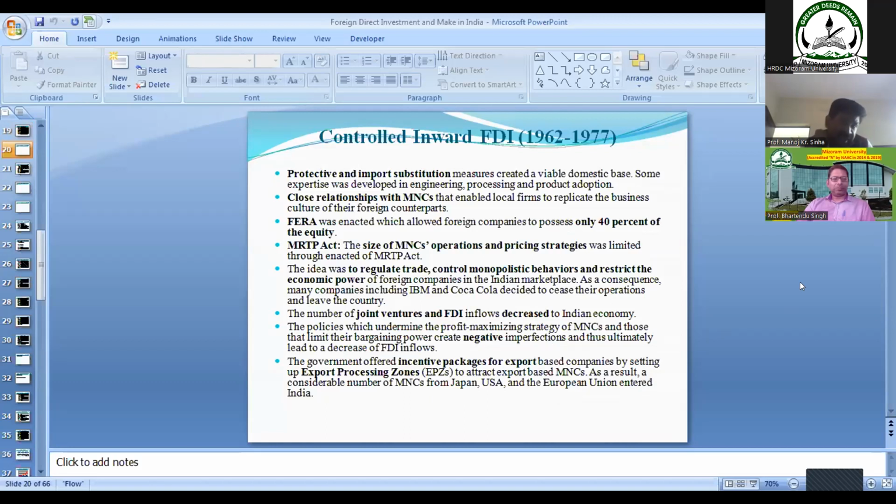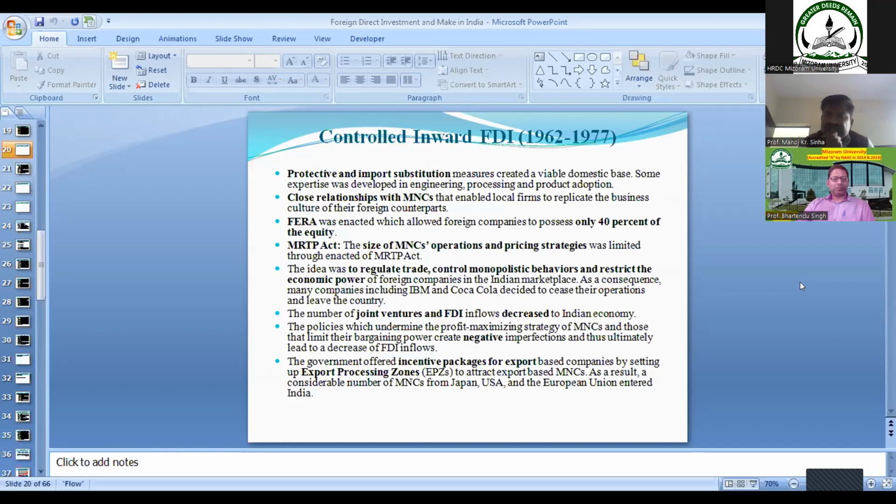During this period, the Government of India enacted two major acts. The FERA, Foreign Exchange Regulation Act, limited foreign companies' ownership in India to only 40% of the equity. And the MRTP Act controlled the size of multinational companies' operations and pricing strategy.